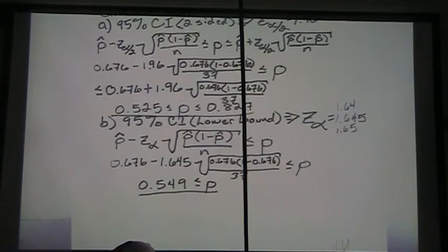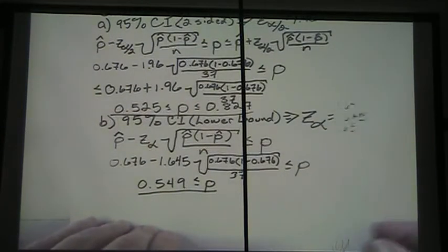And if we used 1.65, it would just make it 0.549. Essentially the same calculation that we've got here. Right? So you can see why I'm not too concerned if you decide that you don't want to use 1.645. There's not enough difference in the numbers to make it worth getting all upset about.